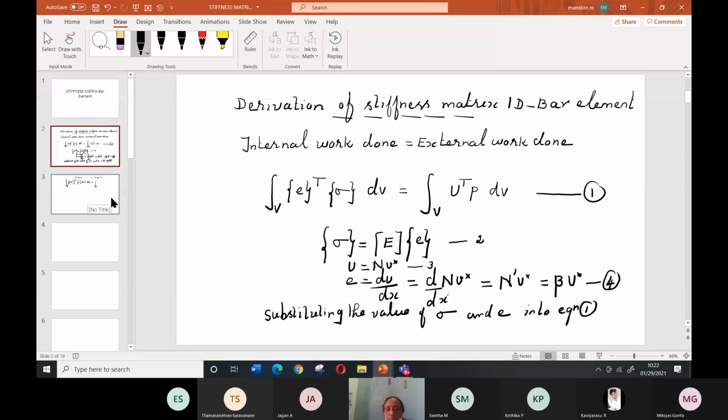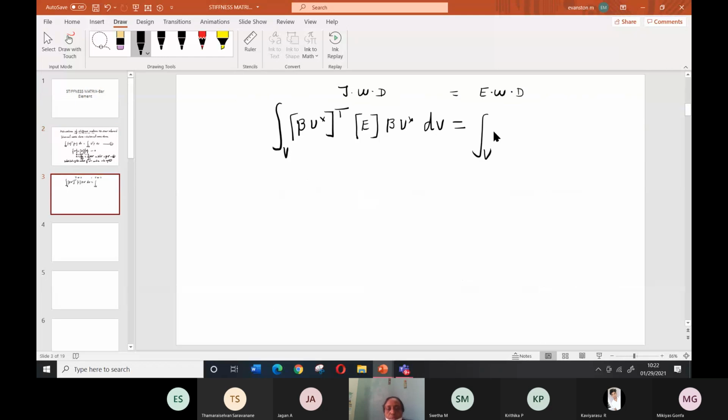Then this is equal to U transpose. We have taken U is equal to N into U star, so U transpose times P into dV.